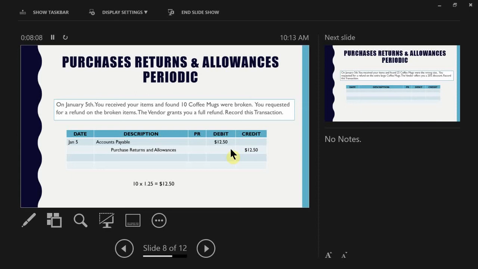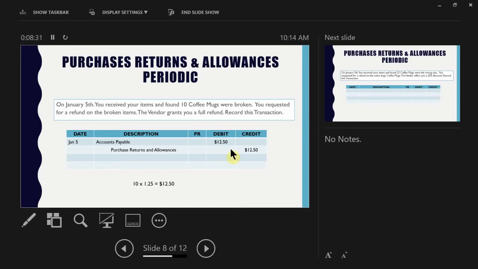The $12.50 is actually going to lower your purchase expense by the $12.50, which is the 10 cups. So instead of having 100 cups left, you actually have 90. So that's how you journalize the purchase returns and allowances.